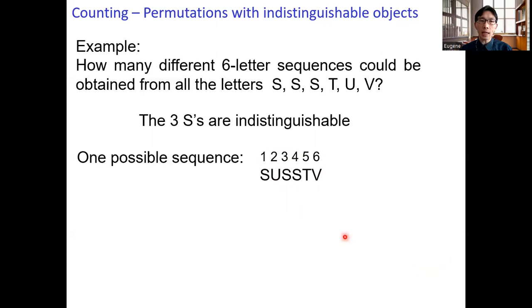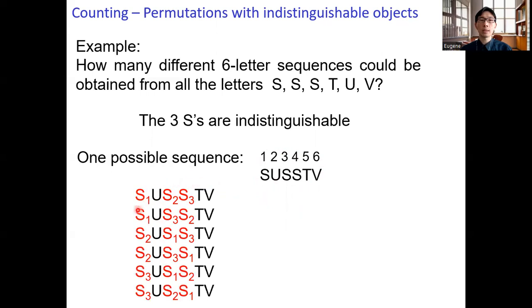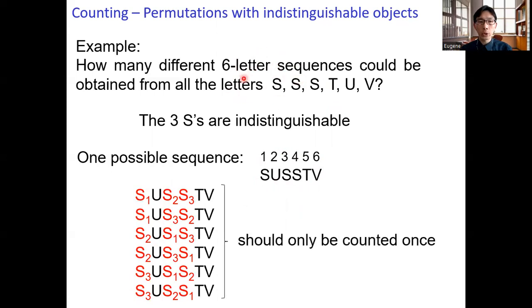If the 3 S's are all distinct, so I put S1, S2, and S3 for easy referencing, we have 6 possible sequences. However, they are the same in our original example. So these 6 occurrences should only be counted once.